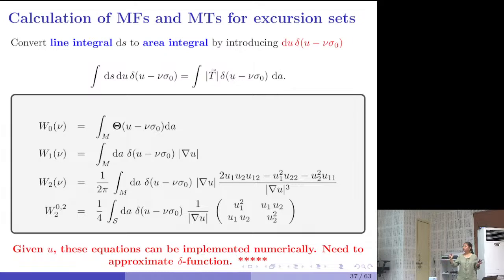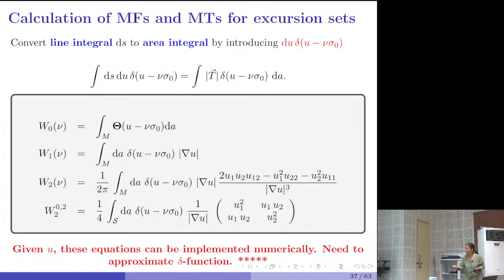Now this is the crucial step. I change from a line integral to an area integral. This will now allow the pixel counting, so we don't have to do the contour identifying lines and so on. Then the expressions now all become area integrals. This one was already an area integral, whereas this and this are now changed into area integrals.